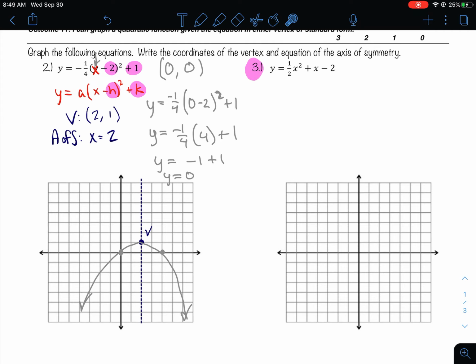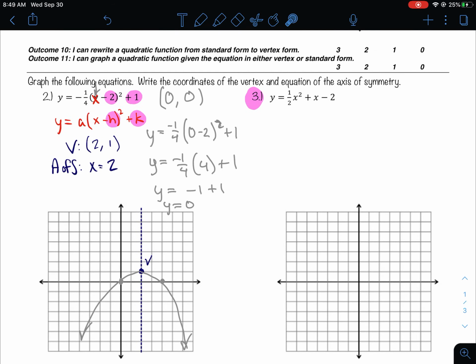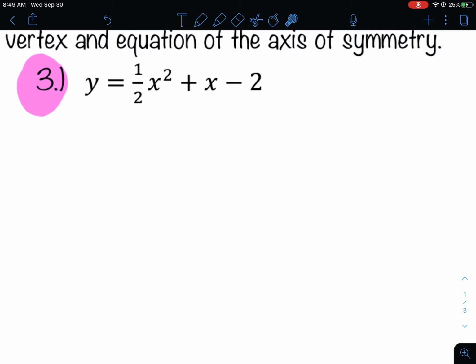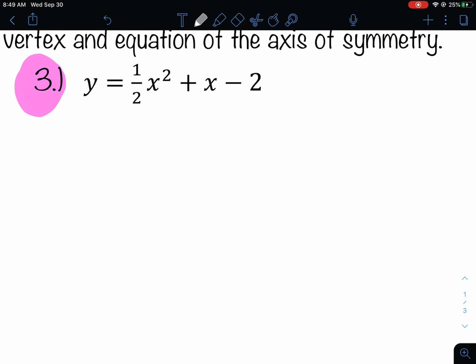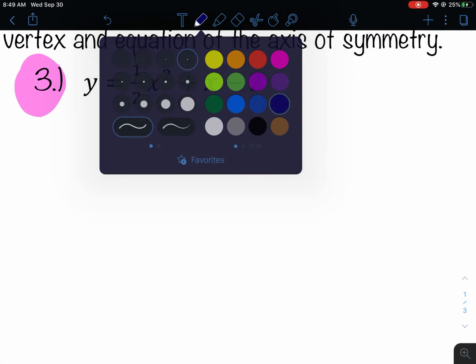Now, number 3, the work here has to be done on the front end in that in order to find the vertex, I have to convert it to vertex form. This is actually outcome 10 and 11 in this problem, whereas number 2 is just outcome 11. Here, I have to change this into vertex form.